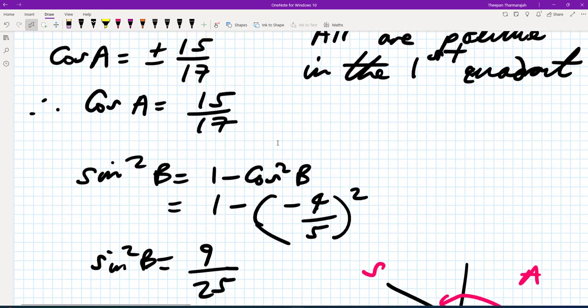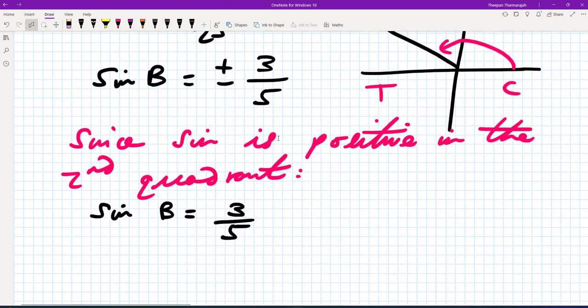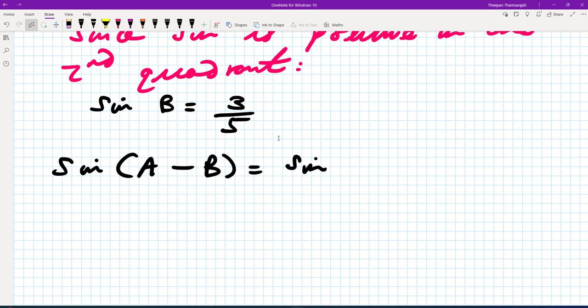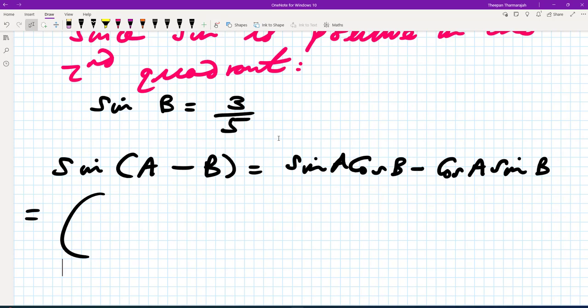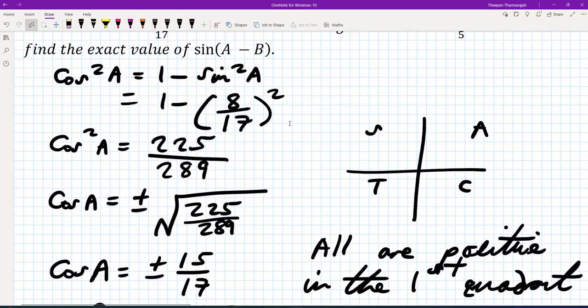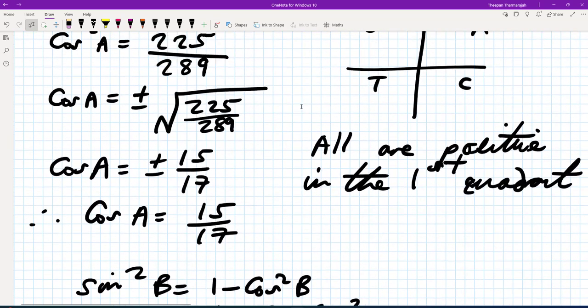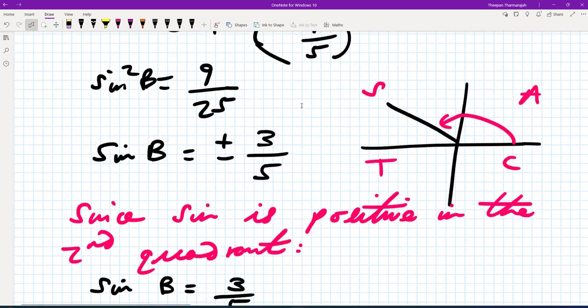And what we're trying to work out is the value of sine A minus B. So we can say that sine A minus B is sine A cos B minus cos A sine B. So we know that sine A is 8 over 17. Now cos B, we said, was minus 4/5.